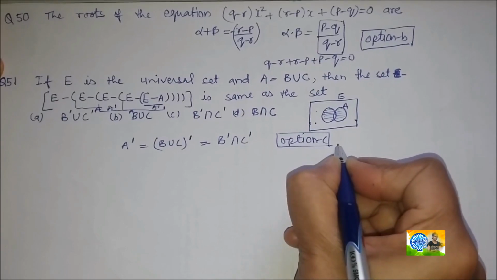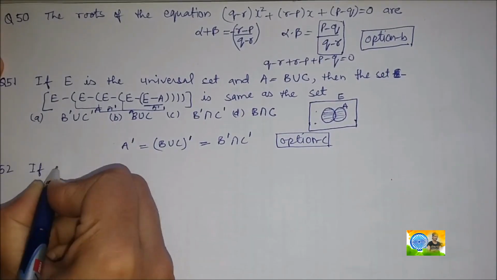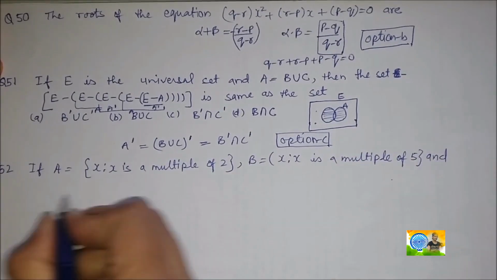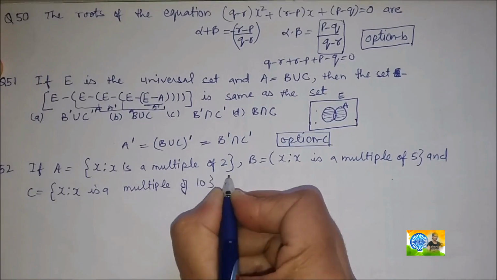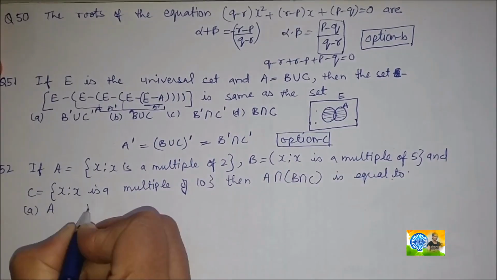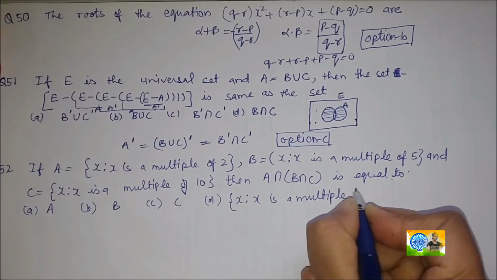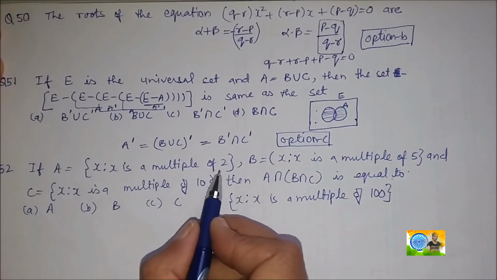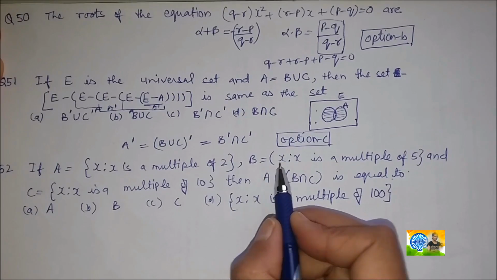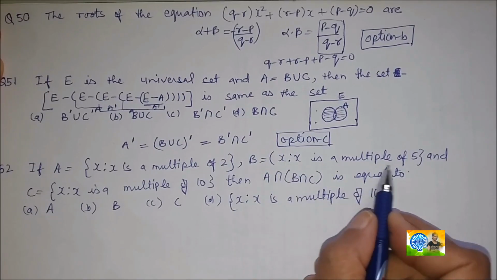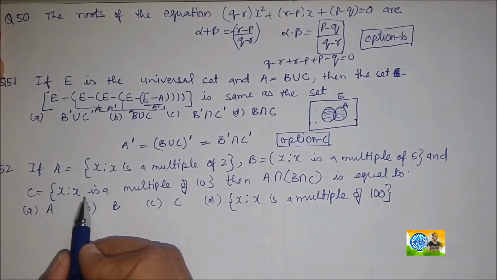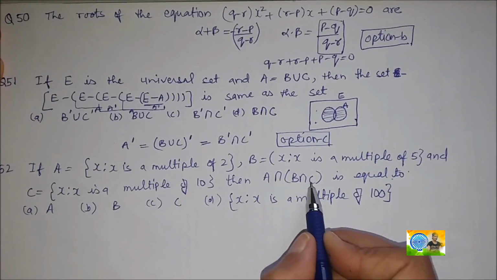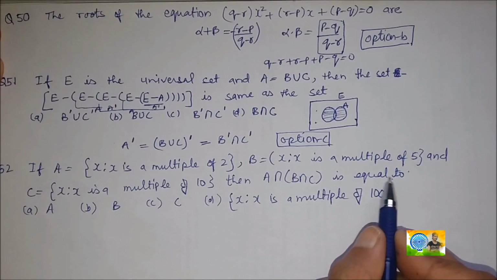Let us now see question number 52. If A is the set of x such that x is a multiple of 2, and B is the set of x such that x is a multiple of 5, and C is the set where x is a multiple of 10, then A intersection B intersection C is equal to.